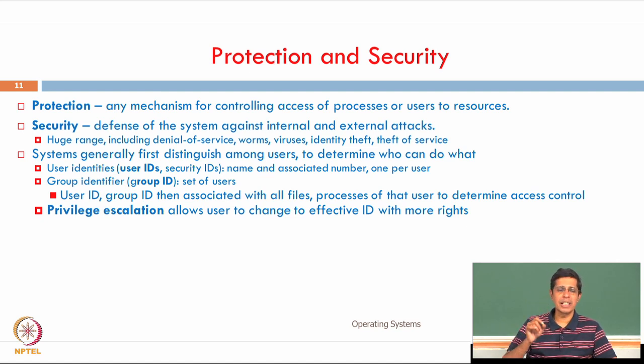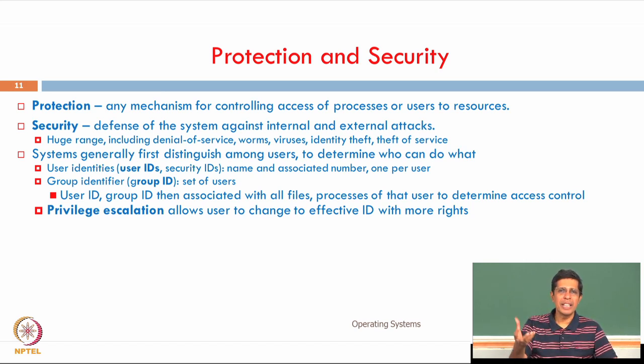Protection and security are employed at 3 different levels. If you take the Unix operating system, it has 2 levels of protection. First there is a user ID, and then the user ID and the group ID put together give you another level of protection. For a particular file, there will be an owner who has some permissions for it, then that owner can belong to a group, and any member of that group will have some permission on it, and then there is anybody else.